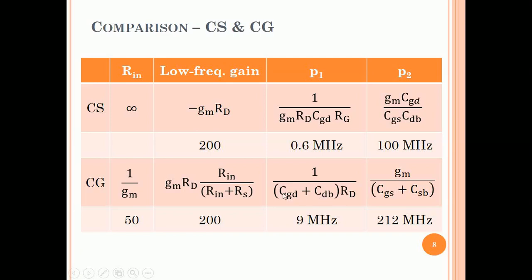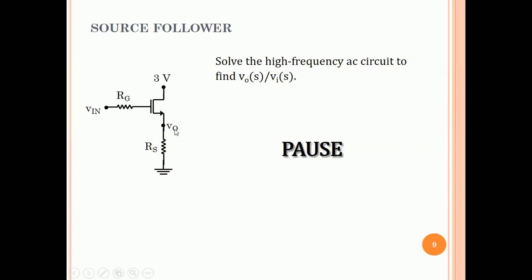So CGD-RD and CGD-RG are of the same order if you assume so, but there is an additional GMRD here which pulls down the dominant pole frequency. The second pole frequency is also a little higher in the common gate compared to the common source, but that is all very variable depending on the actual parameters and numbers.